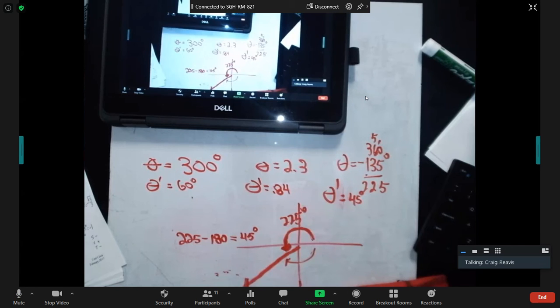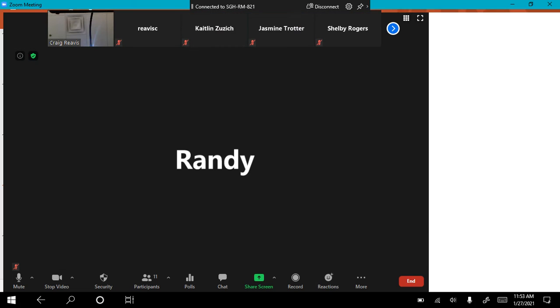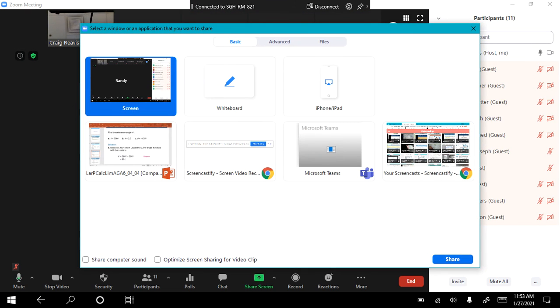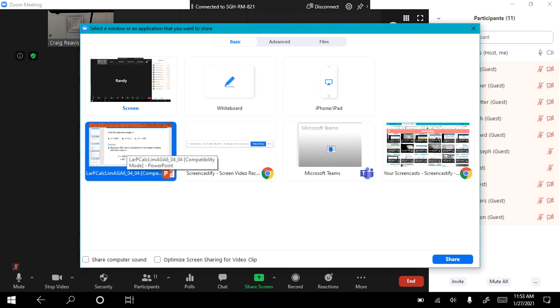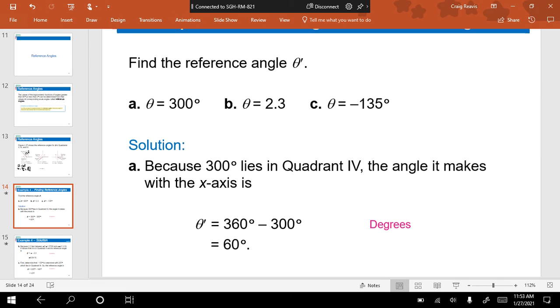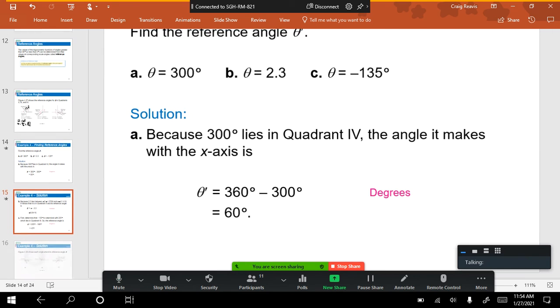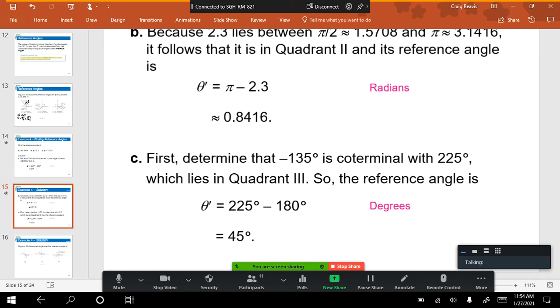All right, and then let me stop sharing here, and let's go back to sharing here. And you notice there they took it out to four decimal places for that 0.84. All right, so any questions about finding reference angles?